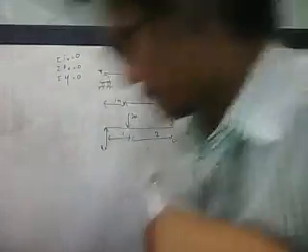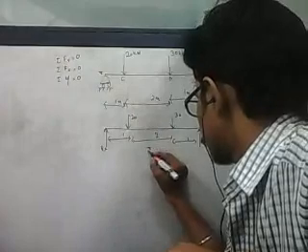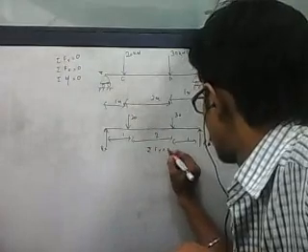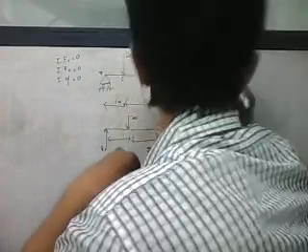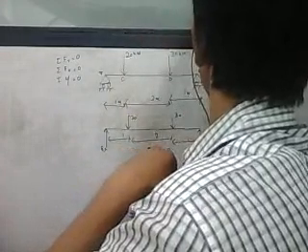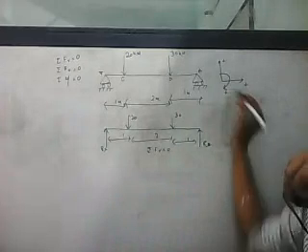So right now we can apply summation F equal to 0. We are taking the sign convention as I told you in the previous class.